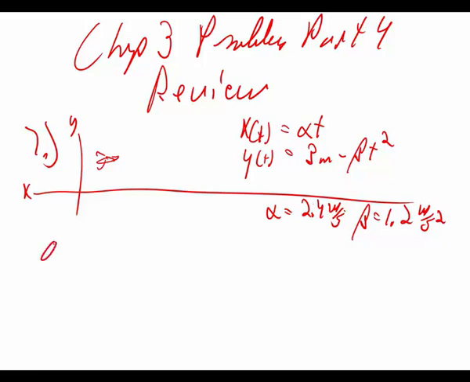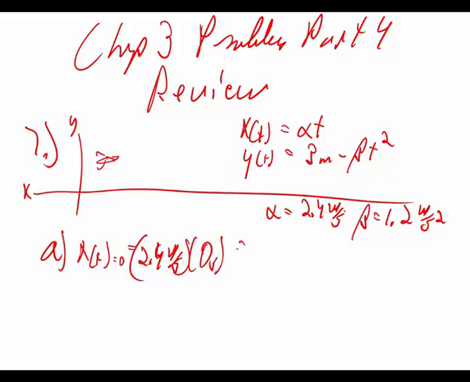So x with respect to time at 0, alpha, I hate it when I do that. What is that? Oh, 2.4. So we got 2.4 meters per second times 0 is 0, right?